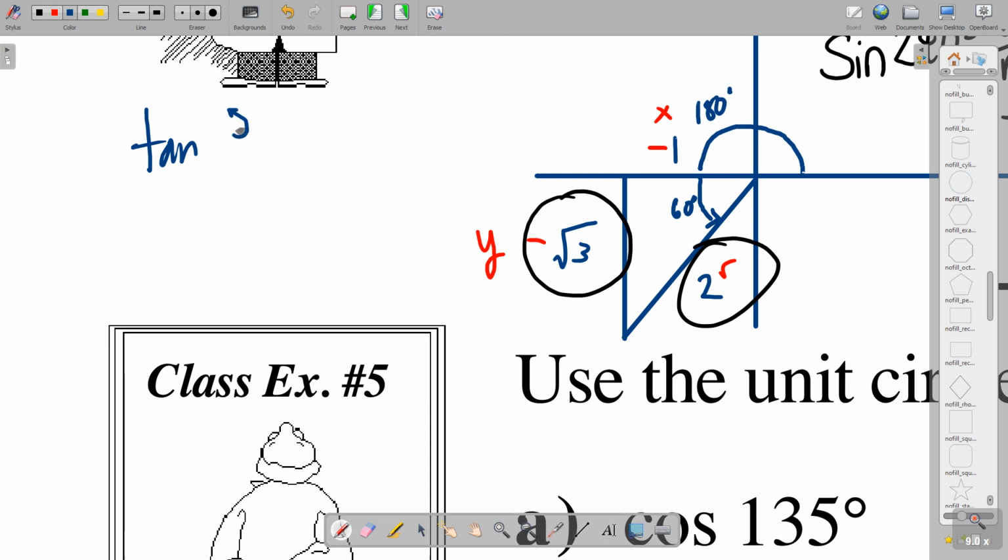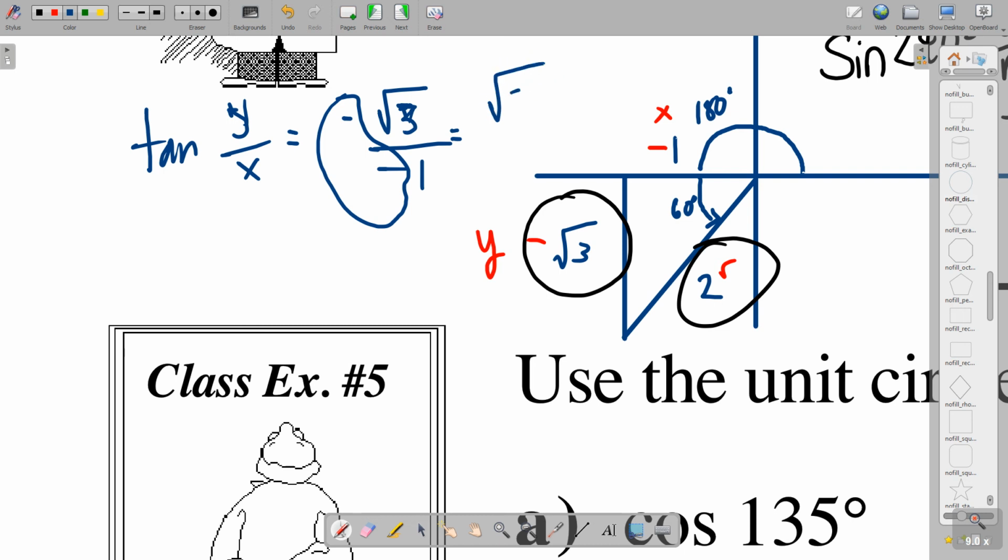Tangent is y over x. Y value is negative root 3, over negative 1. That's a 3, by the way. It's not a 5. I don't know why it's glitching out on me. These negatives will cancel each other out. It's going to be root 3.